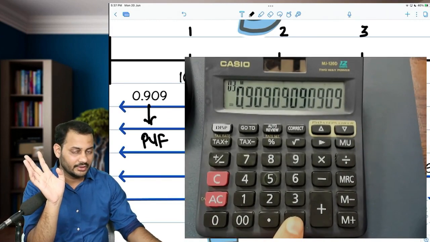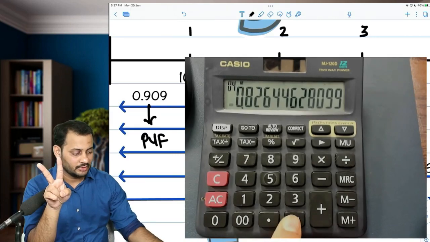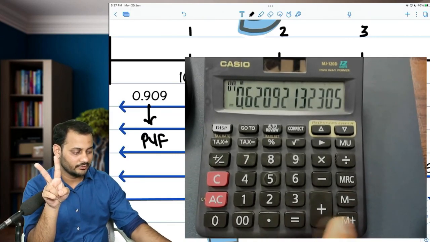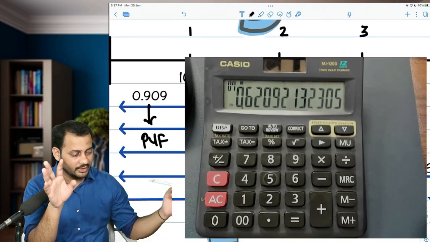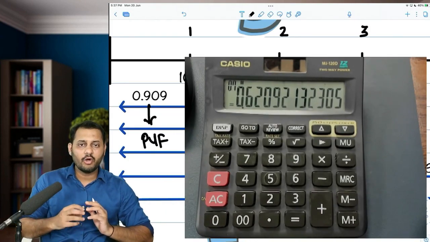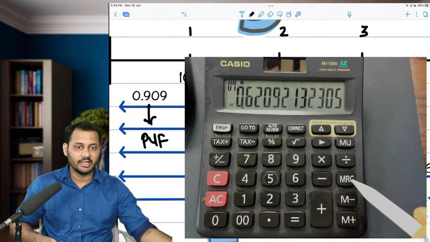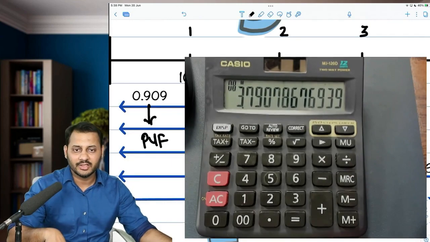Now press equals again the second time, add it to the memory, M plus, third time M plus, fourth time M plus, fifth time M plus. Okay, that's enough. We have reached the last level, and then you want to ask the calculator to recall all the additions that we have done. For that we press this button MRC, that is memory recall, and it will give you 3.7907.